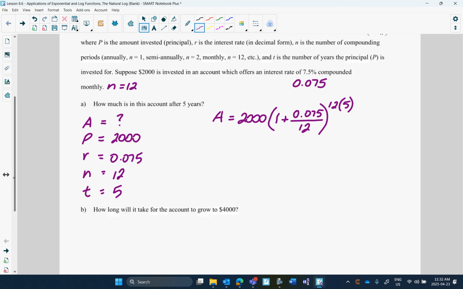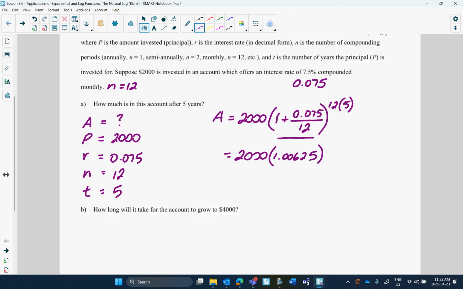So I'm going to do this first. I'm going to do this division and then add 1. So 0.075 divided by 12 is 0.00625 plus 1. This whole thing works out to 1.00625.